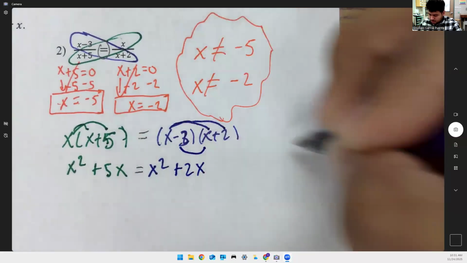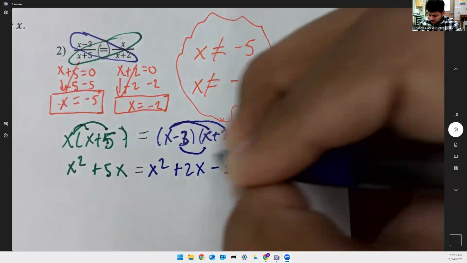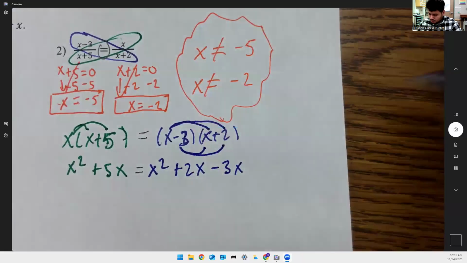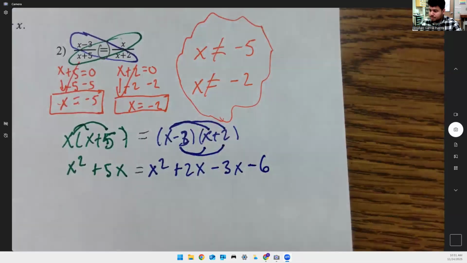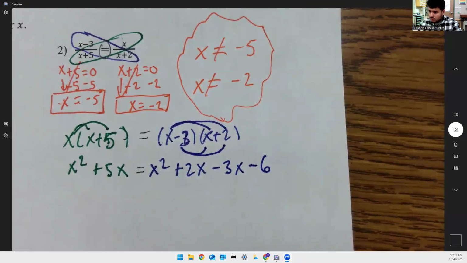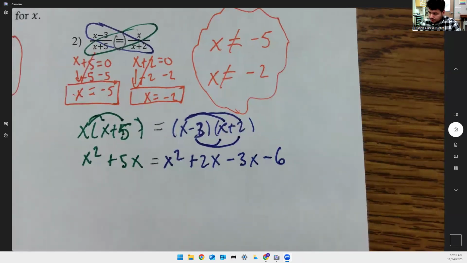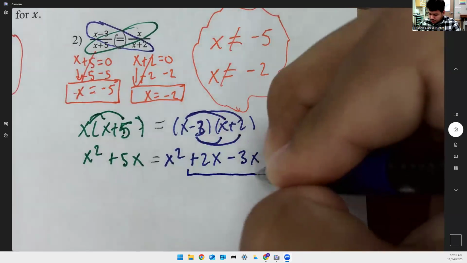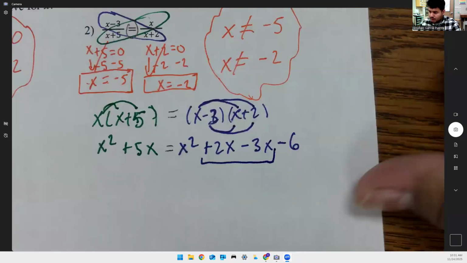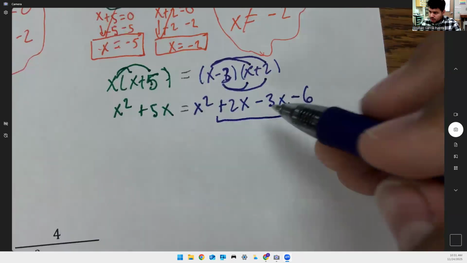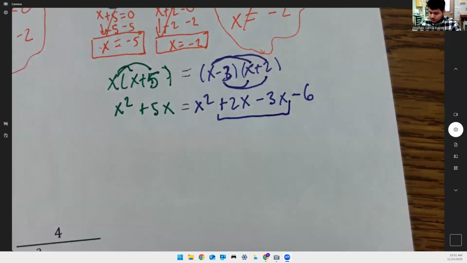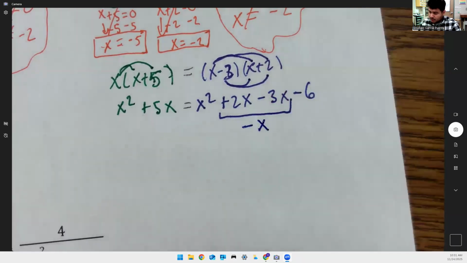It's negative 3 times x, negative 3x. And negative 3 times positive 2 is negative 6. So over here on this right side, we have the 2x and the negative 3x that we're going to have to combine. So what's 2x minus 3x? That's just going to be negative 1x, or negative x.